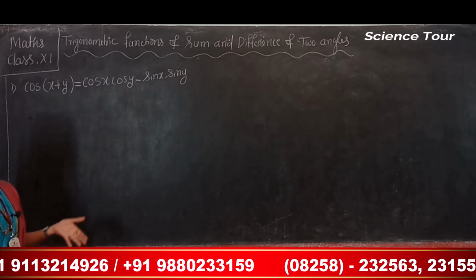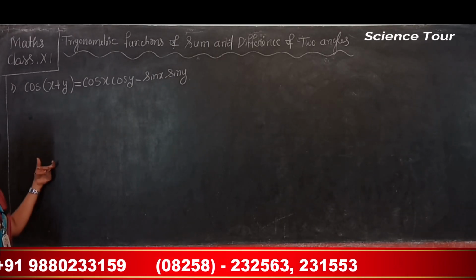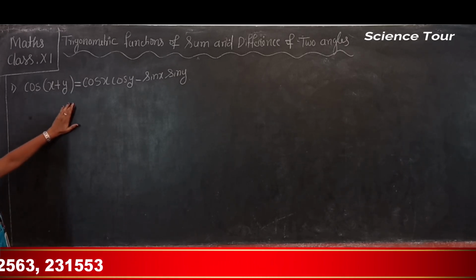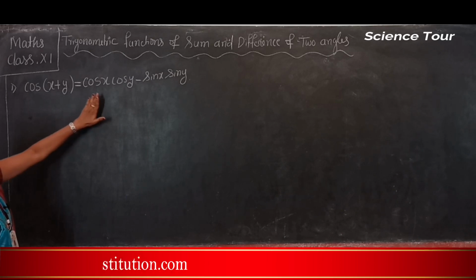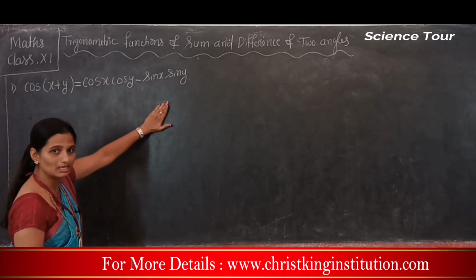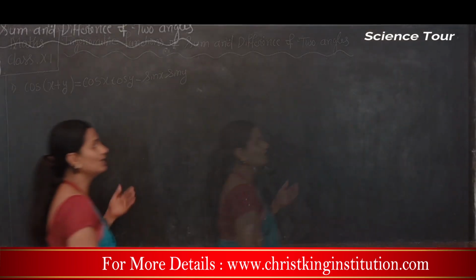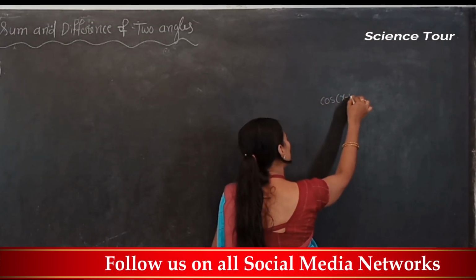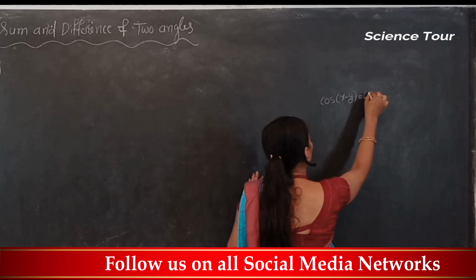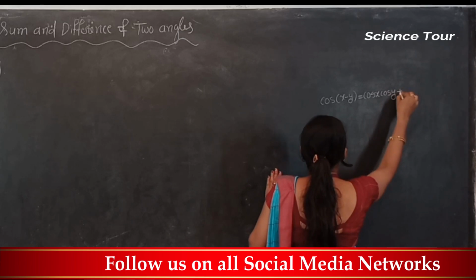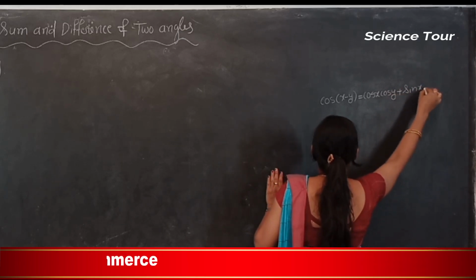There are other formulas also. One more is cos of x minus y, the formula is cos x cos y plus sin x sin y. So the second formula is cos of x minus y is equal to cos x cos y plus sin x sin y.